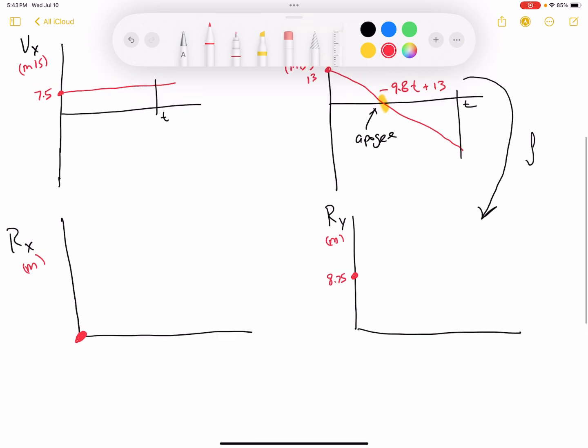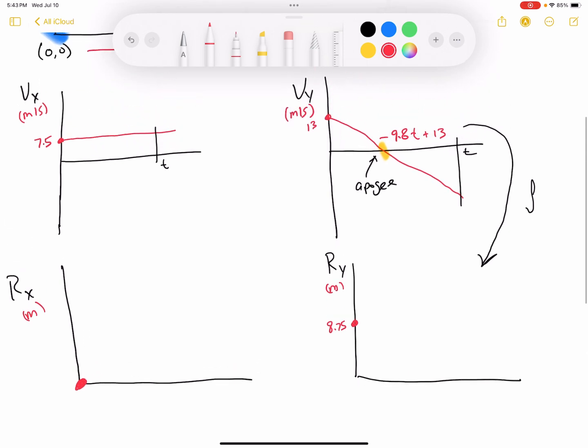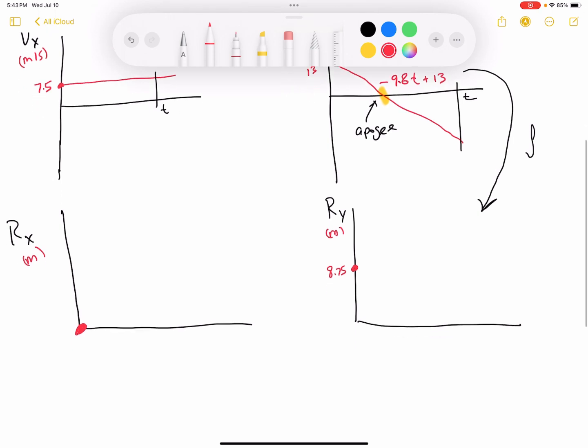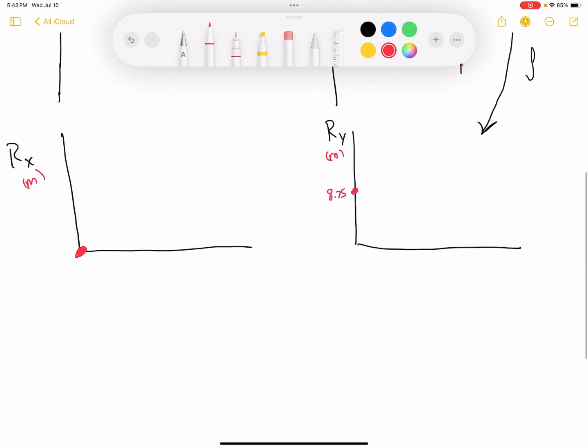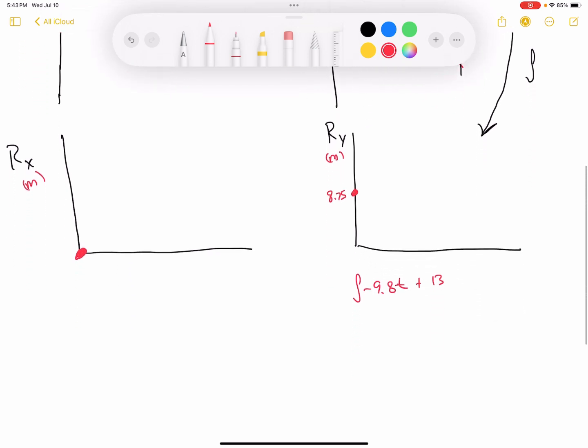Okay, so in order to take this velocity up here and turn it into a position, I have to take that function, the negative 9.8t plus 13, and I have to integrate it, okay? So let's do that down here. I'm going to do the integral of negative 9.8t plus 13, okay?